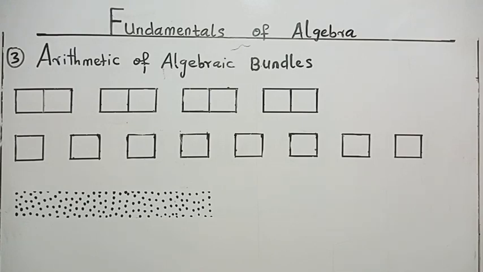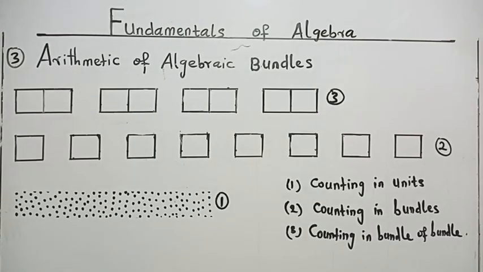Let me write these methods. And here they are. This, that is number 1, corresponds to counting in units. This, that's number 2, corresponds to counting in bundles. While this, that is number 3, corresponds to counting in bundles of bundles.